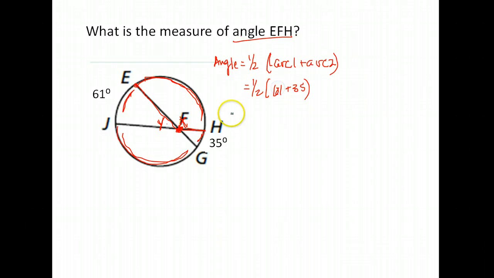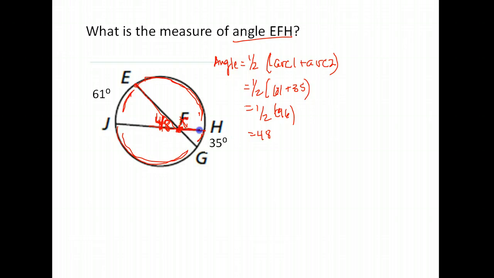So that gives me 1/2 of 96, which is 48. Now that's not the angle they wanted. Be careful about that. They wanted this angle. I found the one next to it, and I found that that angle was 48 degrees.